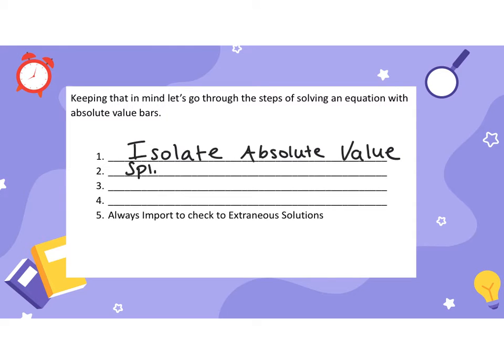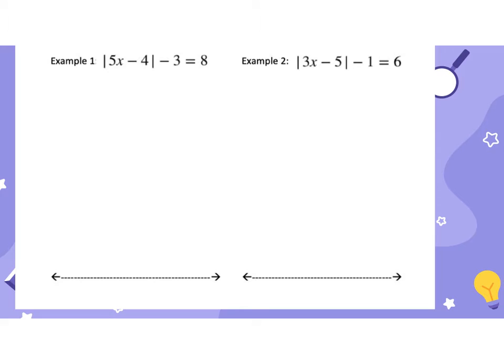After that, we'll split it into two problems: a positive problem and a negative problem. Solve it just as we would solve any other equation, and graph it. And I'll show you how to do that. And then the last step is to check for extraneous solutions, and we'll talk about what that means in a second. First two examples, so let's first look at example 1.